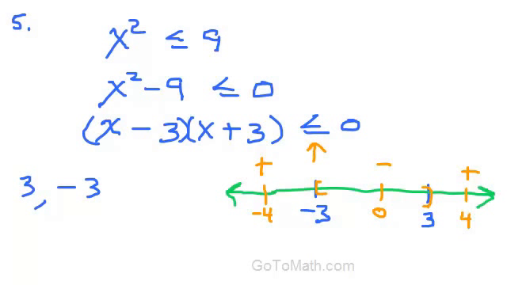So we write that in interval notation from negative 3 to 3. And of course you can write that in inequality notation: x is greater than or equal to negative 3, and x is less than or equal to 3.